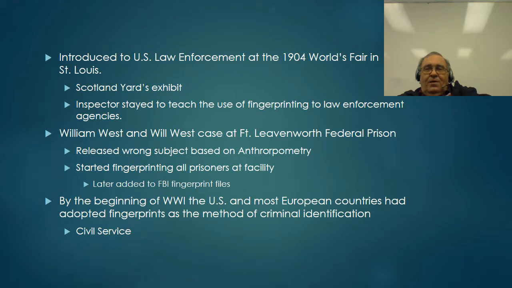So they started implementing the fingerprinting system, and the start of the fingerprint database came from all the prisoners in Fort Leavenworth who were fingerprinted by U.S. personnel along with the Scotland Yard representative. And then along comes World War II, and that went on further to develop our databases.